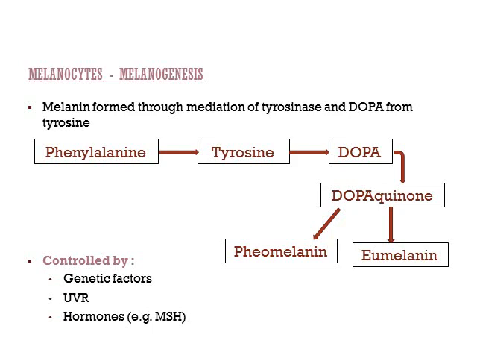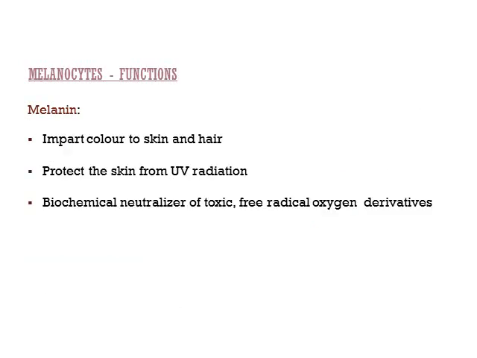This is controlled by genetic factors, ultraviolet rays, and hormones. So the skin color is different in different individuals because the melanin content varies from individual to individual. What is the importance of having melanin in the skin? It imparts color to the skin and hair. It protects the skin from ultraviolet radiation, and it is also a biochemical neutralizer of toxic free radical oxygen derivatives.